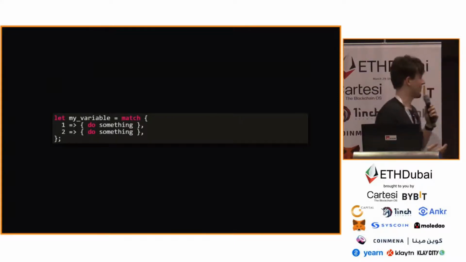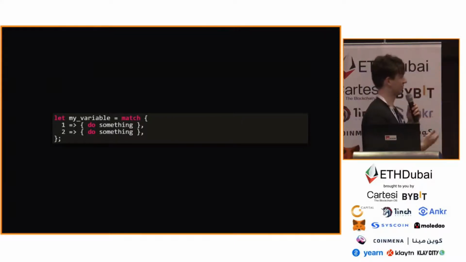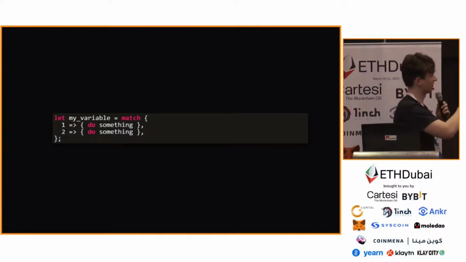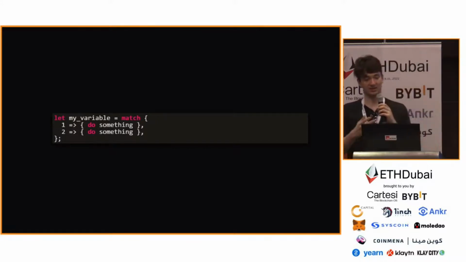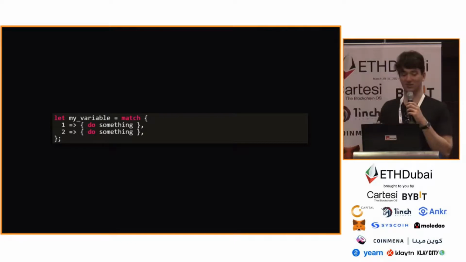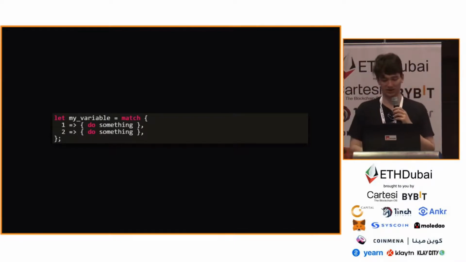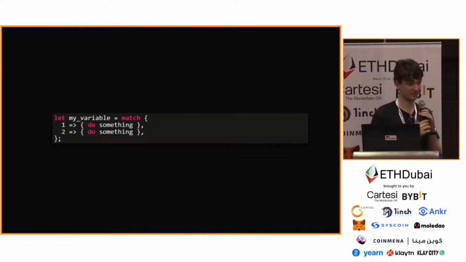Additionally, we have match expressions. So similar to Rust, you have control flow where you can put an if or a match on the right-hand side of an assignment. And what that does is it's a very expressive way of writing your code. And not only do we have matches as expressions, but we have exhaustivity checking.